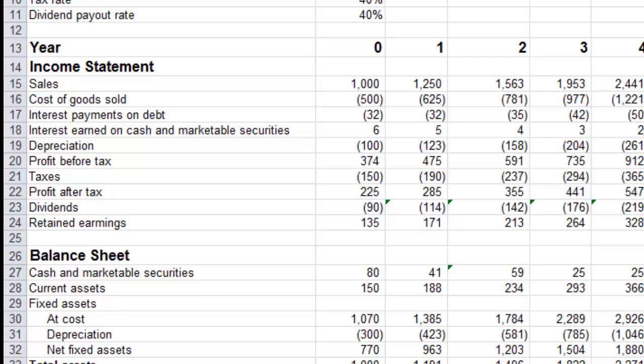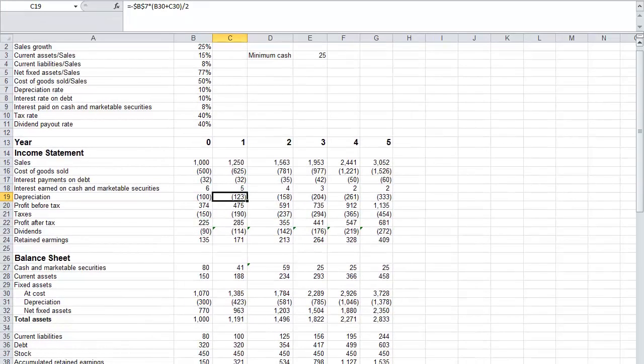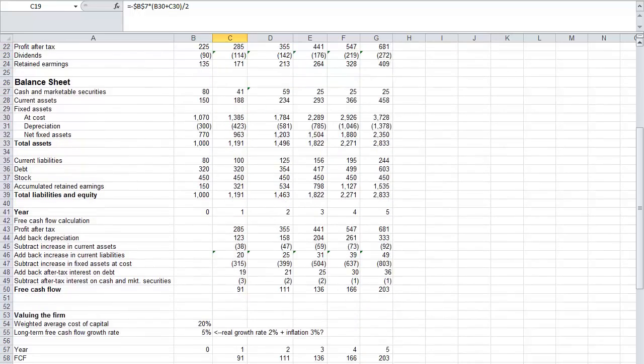So once you get the income statement and balance sheet completed, then scroll down, and step 2 asks you to do a table calculating the free cash flows for all 5 years, and so that'll be the next step.